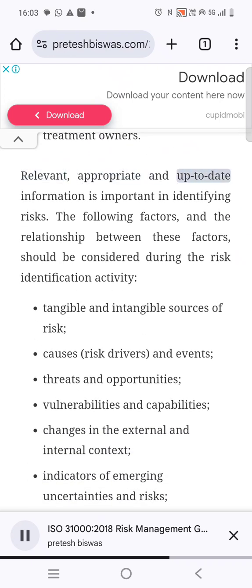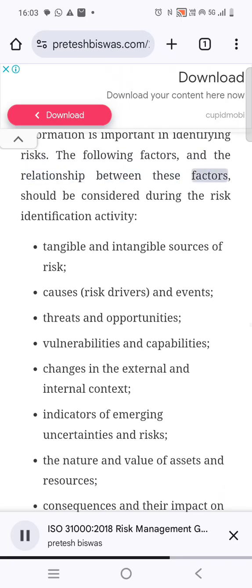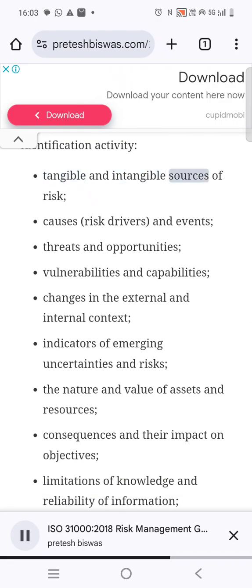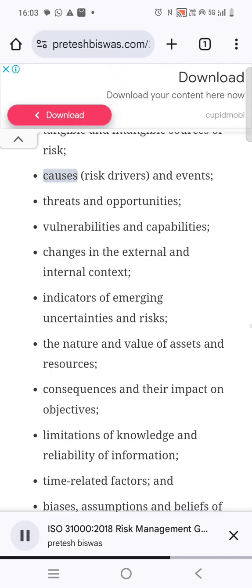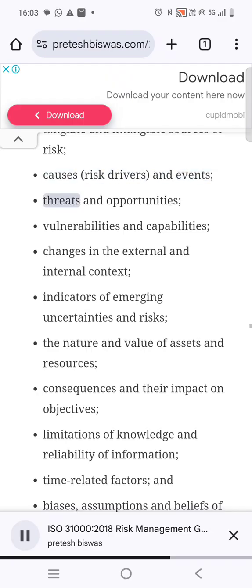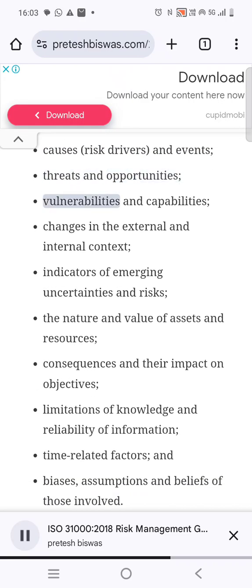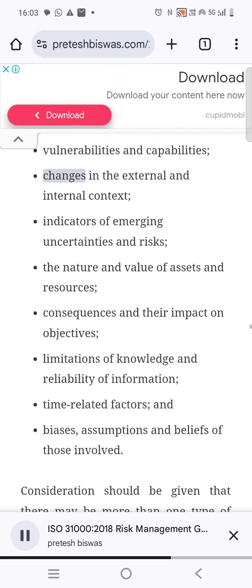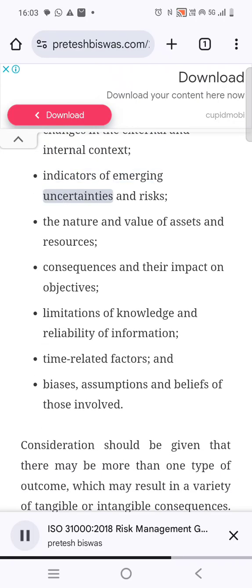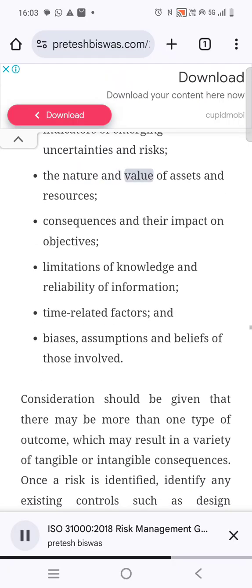Relevant, appropriate, and up-to-date information is important in identifying risks. The following factors, and the relationship between these factors, should be considered during the risk identification activity. Tangible and intangible sources of risk. Causes, risk drivers, and events. Threats and opportunities. Vulnerabilities and capabilities. Changes in the external and internal context. Indicators of emerging uncertainties and risks. The nature and value of assets and resources.